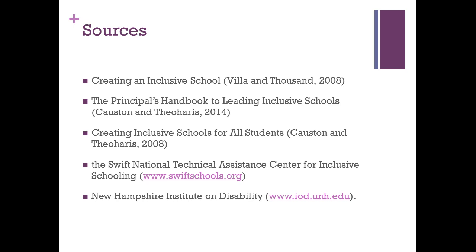The Principal's Handbook to Leading Inclusive Schools, which is a companion book to the book for this course. Creating Inclusive Schools for All Students, an article written by Julie Causton and George Theoharis that's available on the Moodle site. The SWIFT National Technical Assistance Center for Inclusive Schooling. You can go to www.swiftschools.org to find out more information about the Technical Assistance Center, and also the New Hampshire Institute on Disability, which is a partner with SWIFT Schools.